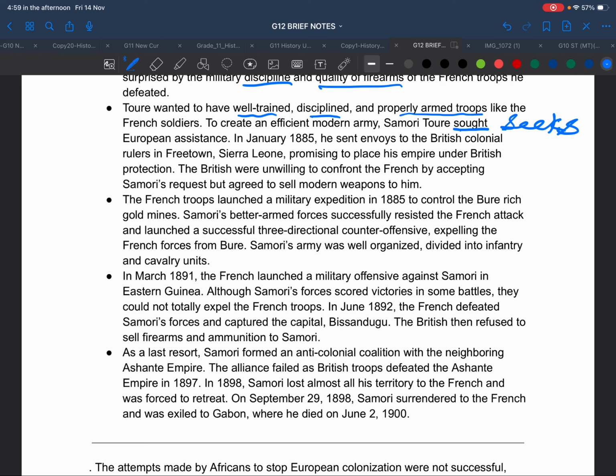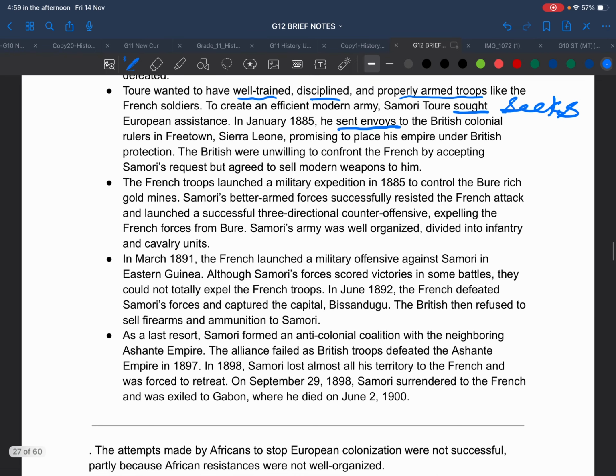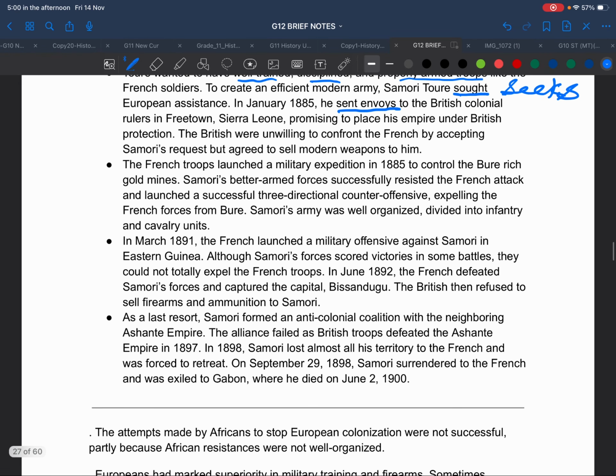In January 1885, he sent envoys, messengers, some notable figures, to the British colonial rulers in Freetown, Sierra Leone, promising to place his empire under British protection. He wanted attachment with the British.